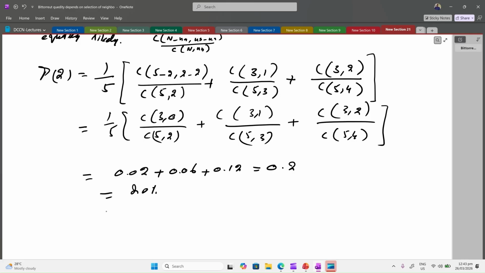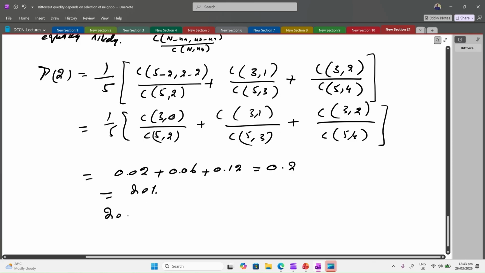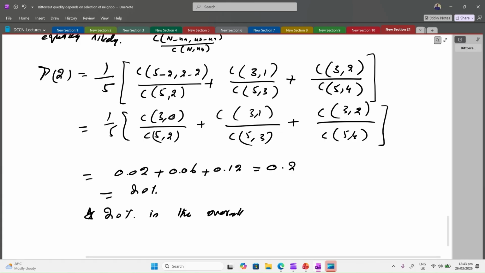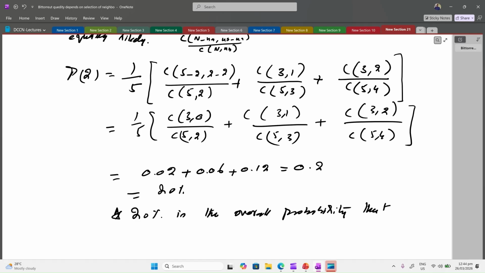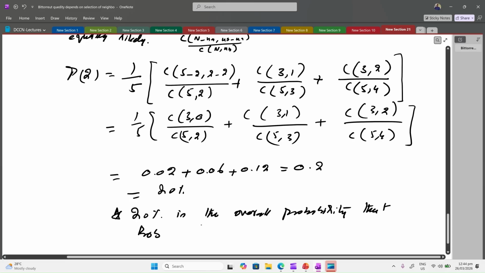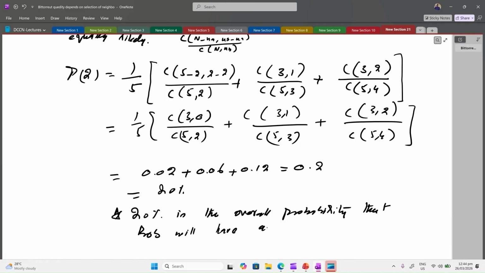So now 20% is the overall probability that Bob will have all chunks that Alice has.